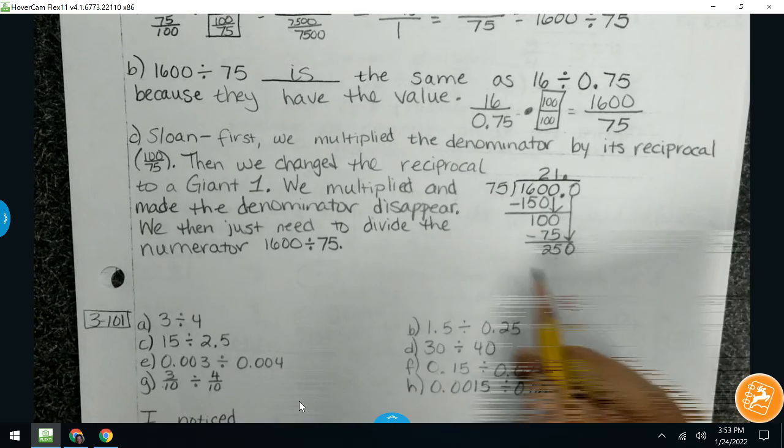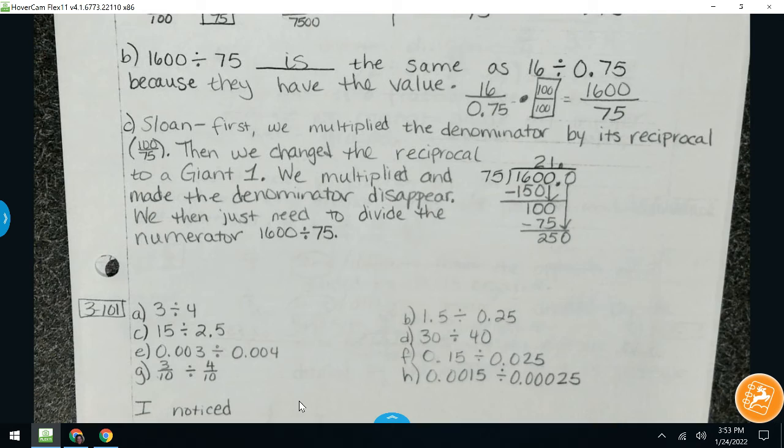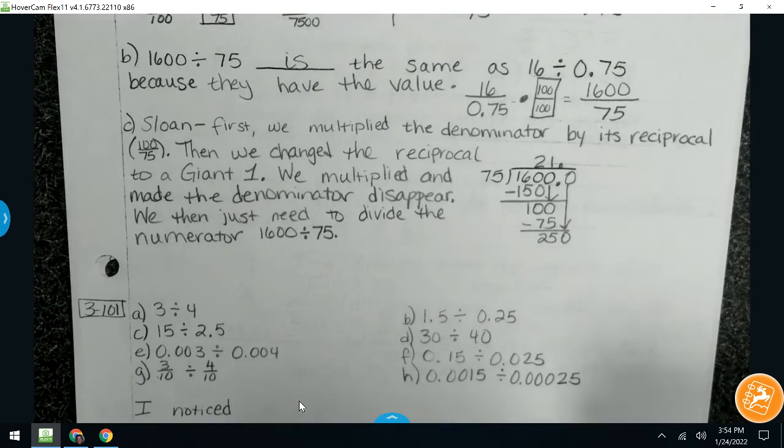This is usually the tricky part. How many 75 cents are in 250? We know 2 are in 150, which leaves us $1 left over. So I think it's going to be 3.